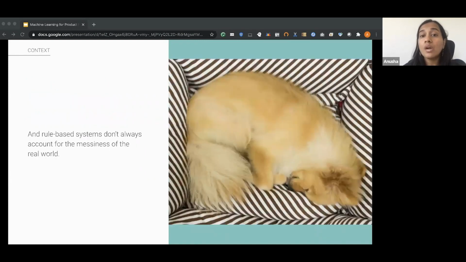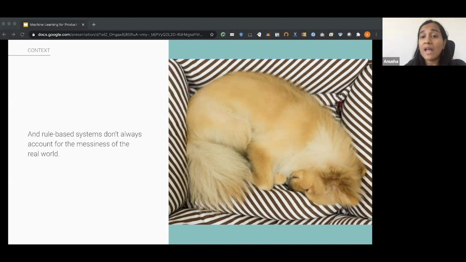And what's more, rule-based systems don't always account for the messiness of the real world. Take another problem beyond the world of spam. Let's say we are trying to teach a computer to recognize an image of a cat or a dog.